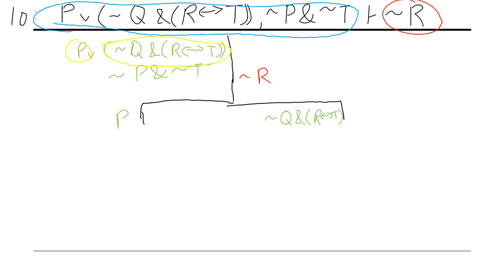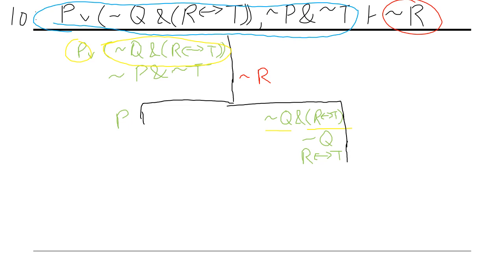Now, that one's alright, the whole left side here, because it's just a single letter, but let's look at this one. Well, I've got the tilde that's attaching that side, I've got the parentheses attaching that side, so that's an ampersand. So what makes an ampersand true is if both of them are true.